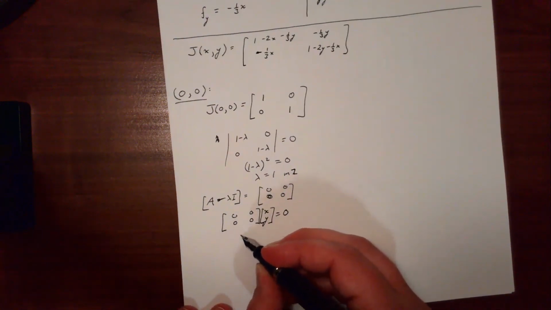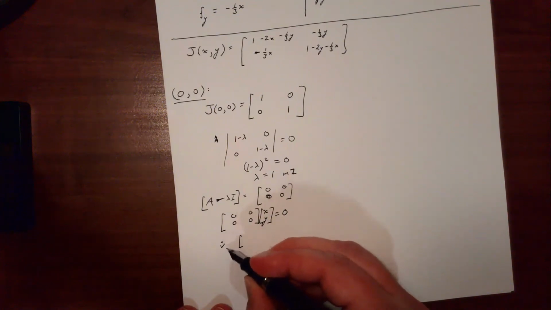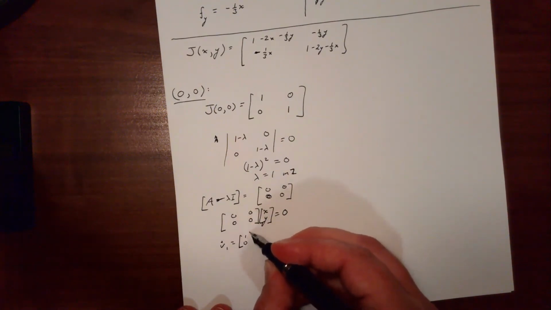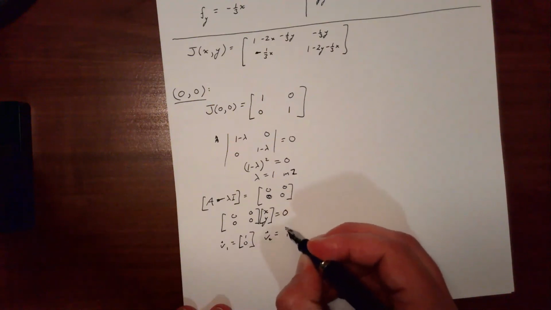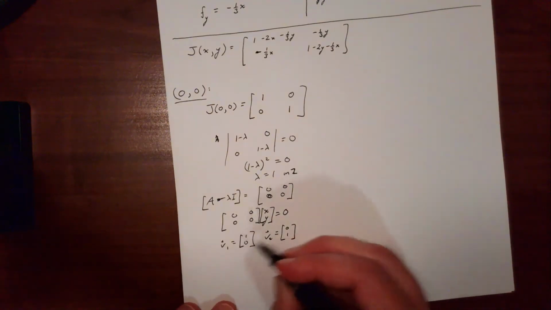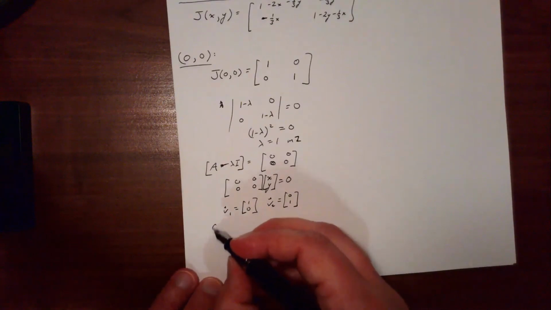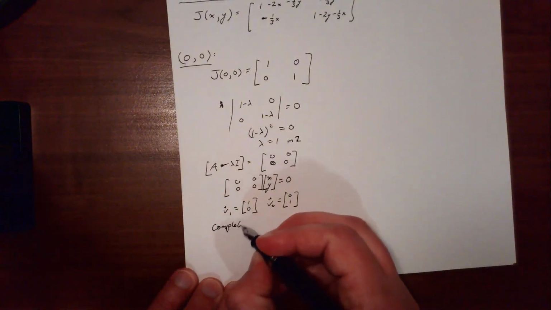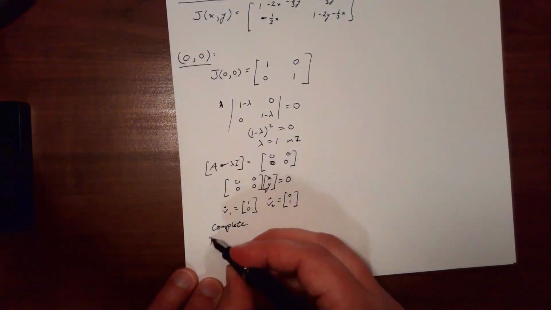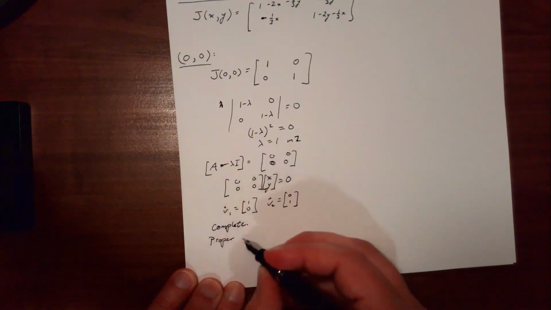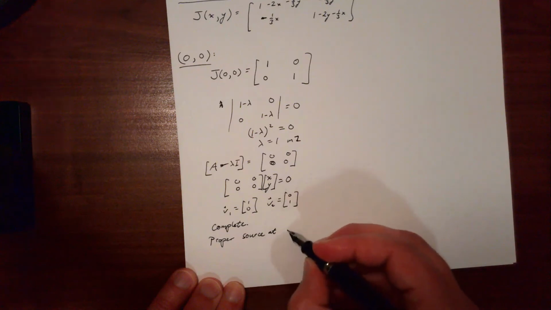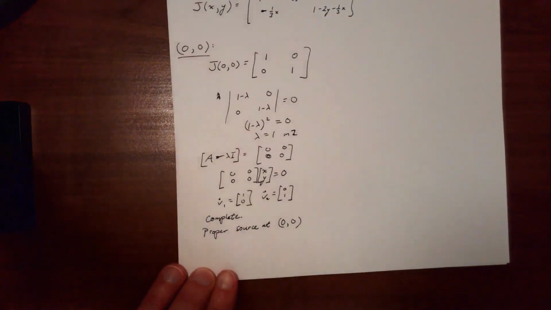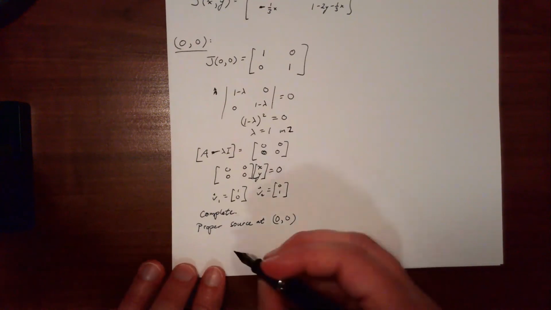For example, v1 could be 1, 0, v2 could be 0, 1. So this is complete, which means we have a proper source at 0, 0.